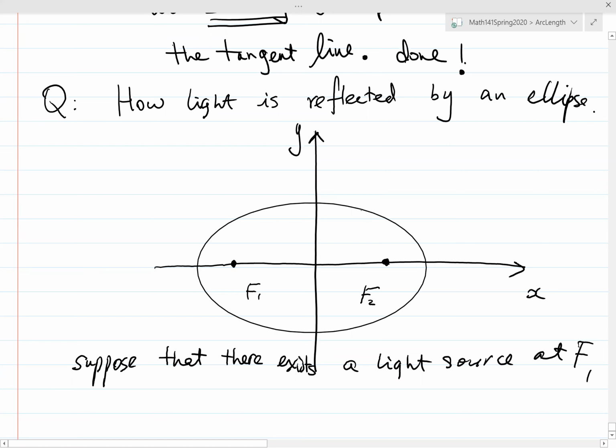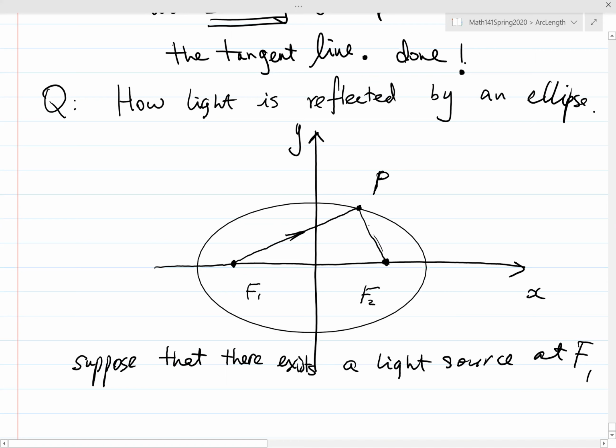So suppose we have a point P. Now suppose we have a ray F1P, and then we want to know how light is reflected. Let me first mention the conclusion.